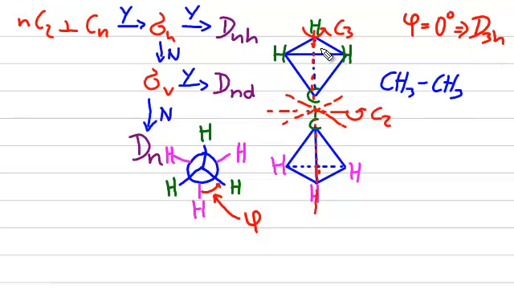So remember, just in this case where we have a C3 rotation axis, this N would become a 3. Now if this angle phi is equal to 60 degrees, which is the so-called staggered conformation, then we would call this point group D3D.